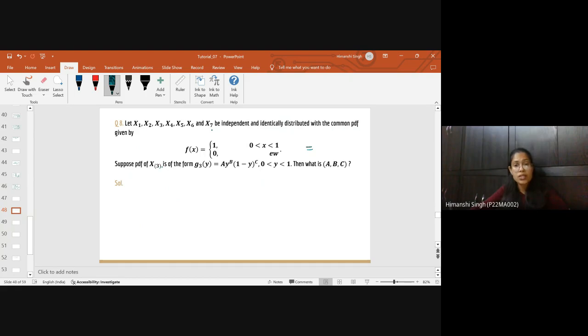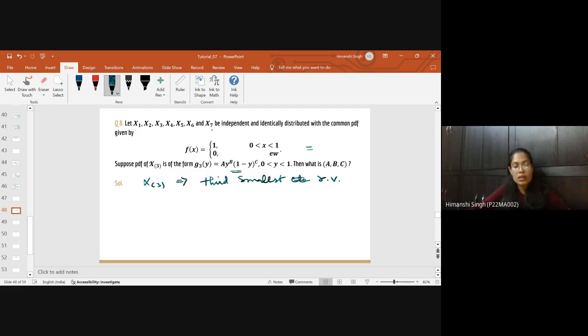Suppose that x3, so basically x3 is the third smallest random variable. So the density of x3, the PDF of x3, is of this form: a y to the power b, 1 minus y to the power c, for y between 0 and 1. Then what are the values of a, b, and c?